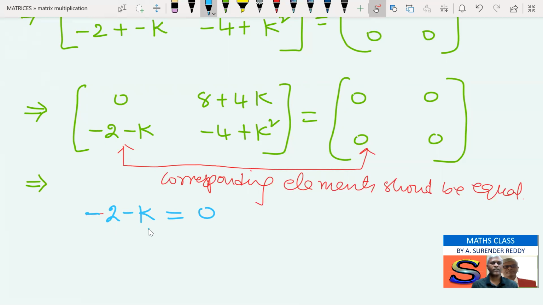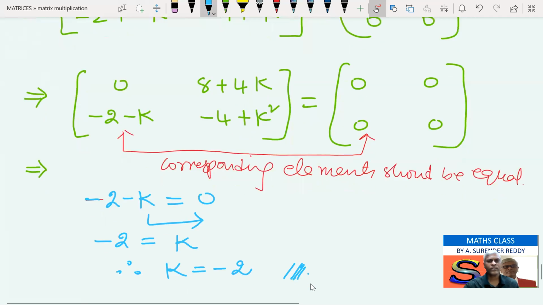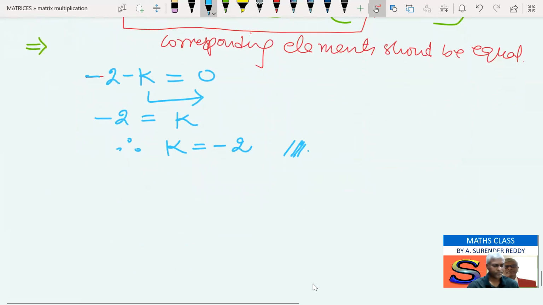So minus k, take the right side, it becomes k. Therefore the k value is minus 2. So a very simple problem, how to find the k value.